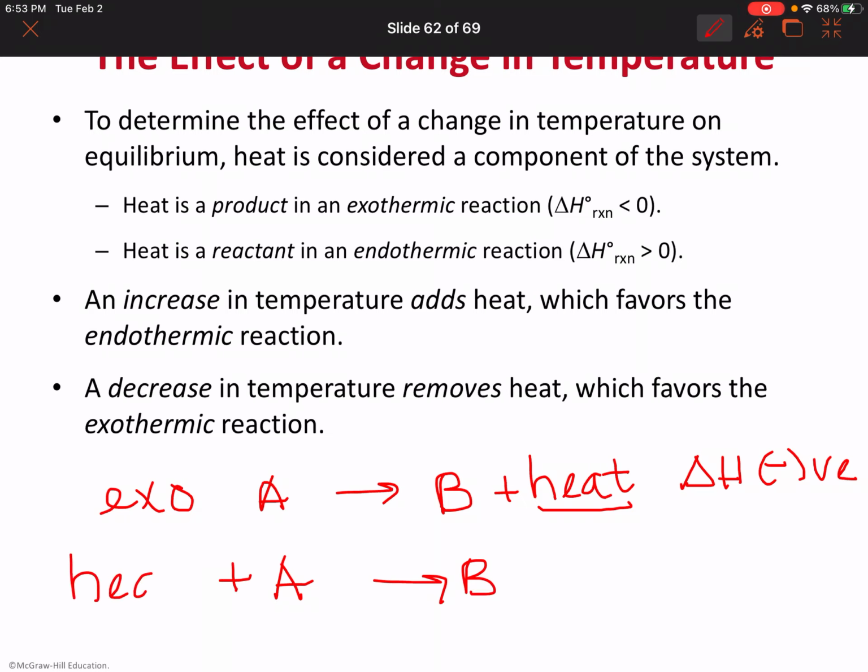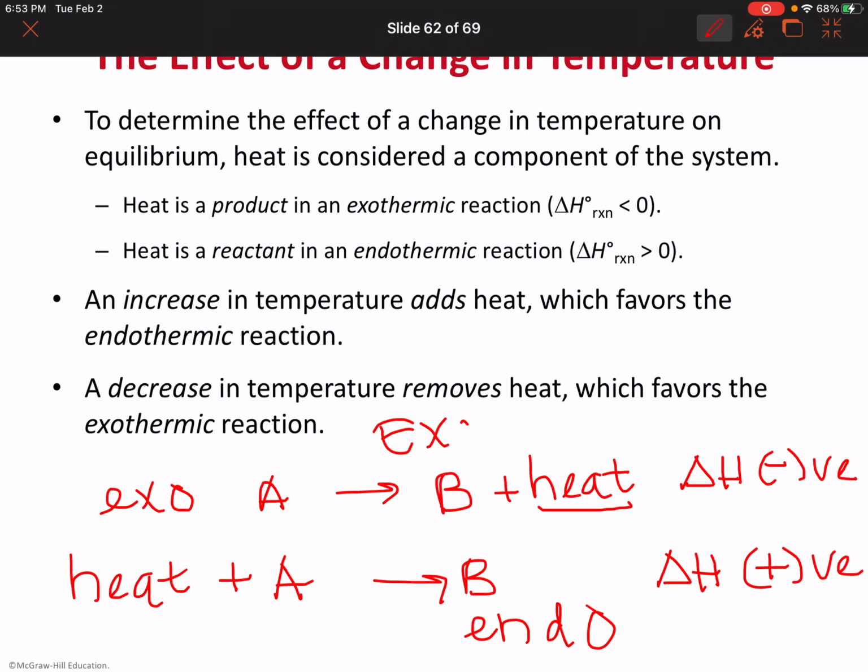You give heat to make A go to B, so the sign of delta H is positive for an endothermic reaction. Remember, heat is a product in an exothermic reaction and delta H is less than 0, negative. Heat is a reactant in an endothermic reaction and delta H is greater than 0, positive.